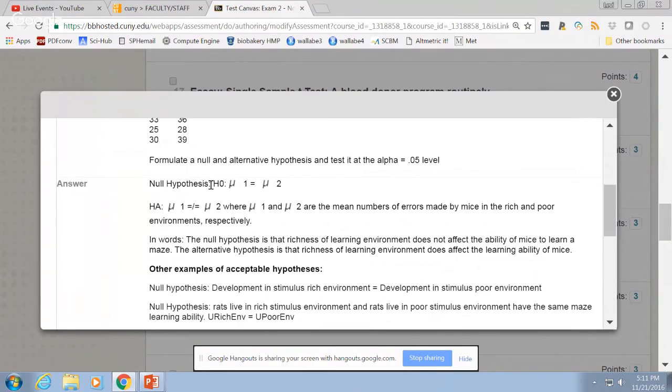And all you had to do was state for the null hypothesis, mu1 equals mu2, and the alternative hypothesis, mu1 not equal to mu2. And then it's good if you define what your mu is, where mu1 and mu2 are, more ideally, the mean numbers of errors made by mice in rich and poor environments.